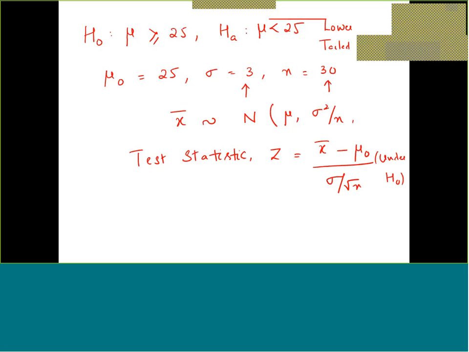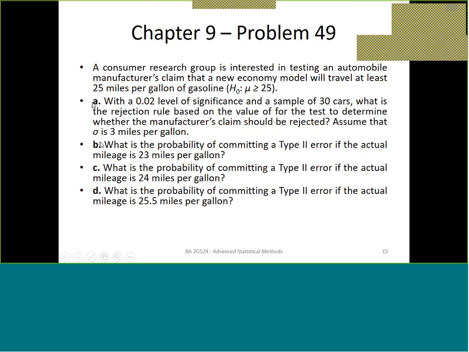Correct? That is x bar minus 25 by 3 root 30. This is your test statistic. Because we don't know x bar and we have to write the rejection rule in terms of x bar, we'll go back to the question and see what else we can have so that we can write the rejection rule.